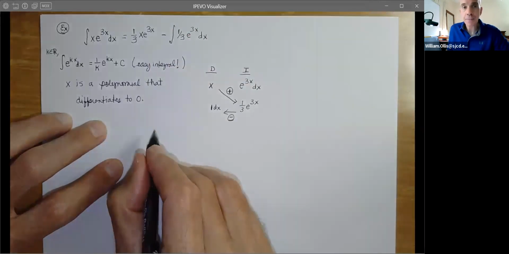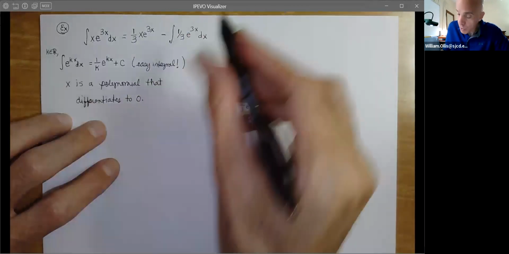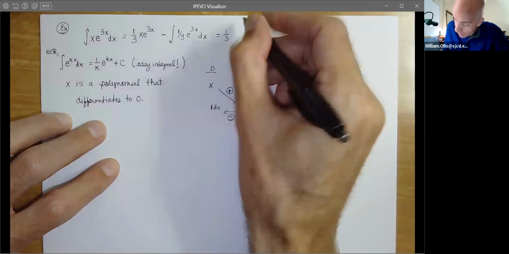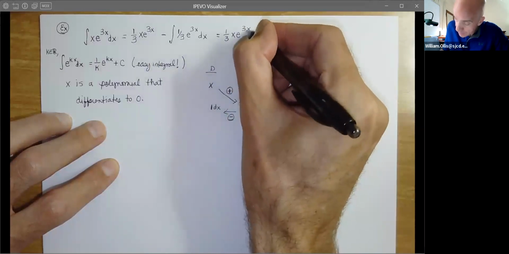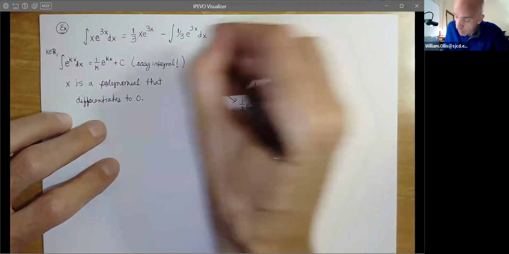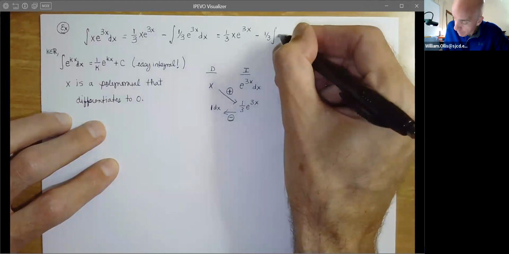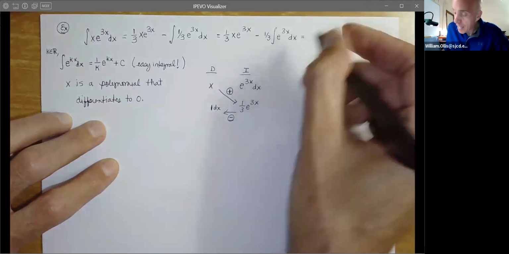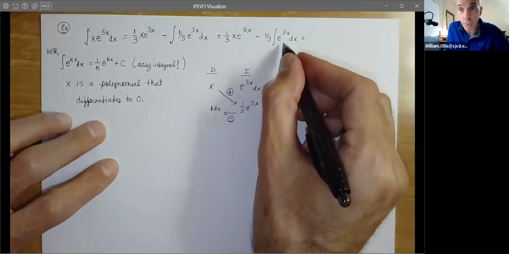Right there. But of course, that's an easy integral. That's just like this one. So let's finish it. So we get 1/3 x e to the 3x minus, go ahead and factor the 1/3. And now we can just apply the simple integral formula again to get another copy of 1/3.